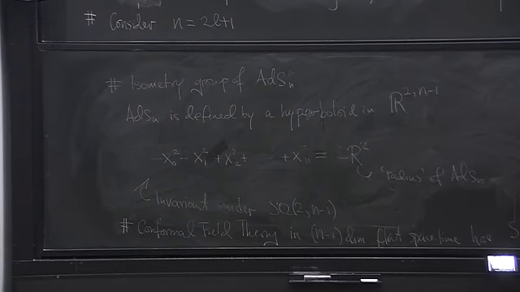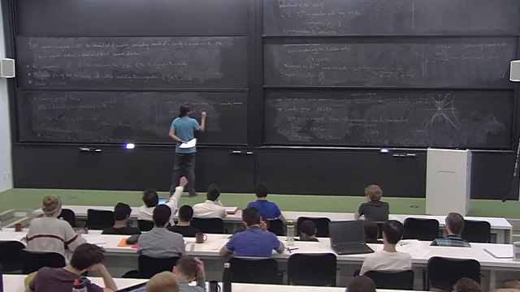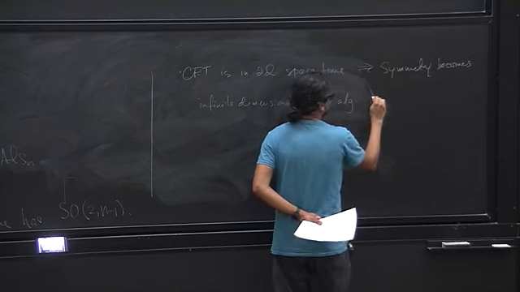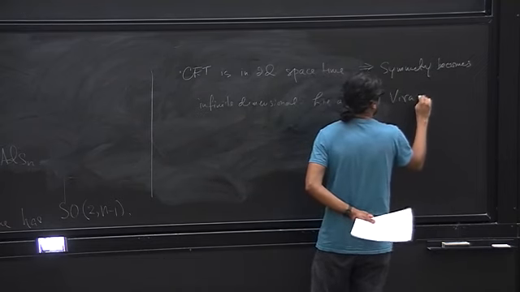The Lie algebra of this infinite dimensional group is the Virasoro algebra.